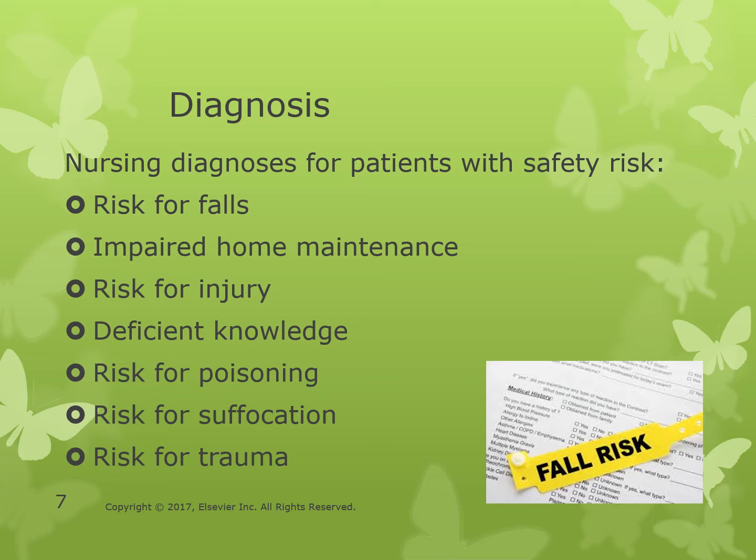Like the one that we just talked about, risk for injury, our confused patient that's trying to remove his urinary catheter and even maybe his oxygen cannula. That's definitely a risk for injury. The injury hasn't happened yet, but there is a risk for it if they're having this kind of behavior. And what would you do as a nurse in this situation?